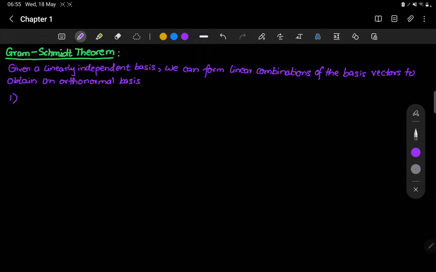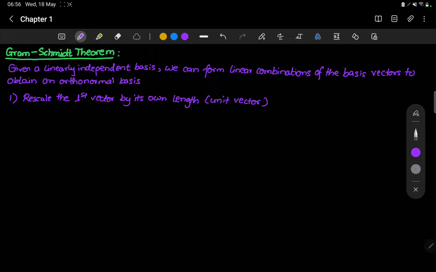So the first step is to rescale the first vector by its own length. This rescaling will give us a unit vector. Note that we want to get an orthonormal basis.